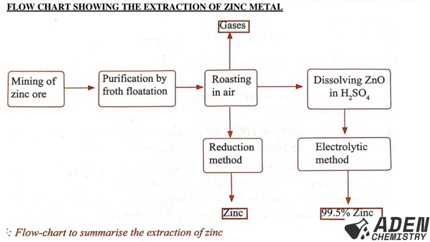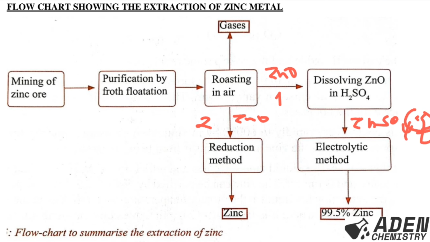So here the zinc oxide that we have, we can treat in 2 ways. So we have 2 parts here, part 1 and part 2. So in part 1, what we can do is take this zinc oxide, then dissolve it in dilute sulfuric acid so that we get zinc sulfate solution.